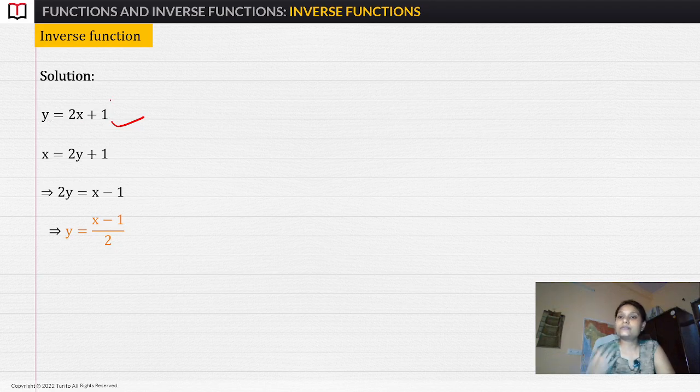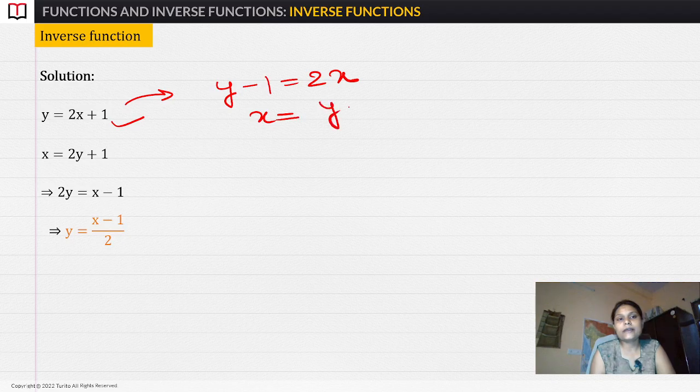We have to do all the reverse things. That means we have to equate our function to the variable x. If we start from here, it would be y minus 1 is equal to 2x. Only 2 is left here. Just pull that 2 also from here. So it will be x is equal to y minus 1 over 2. This becomes your x, right?